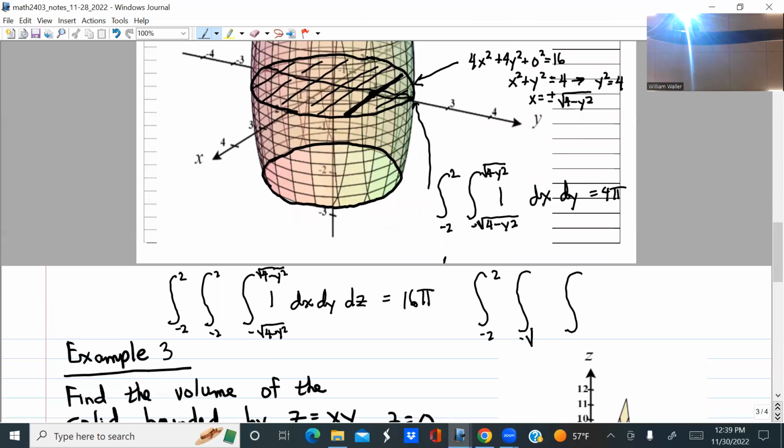Negative square root of 16 minus z squared over 4 up to positive square root of that. And then for x, that was what? Minus the square root of, what was that big mess? 16 minus 4y squared minus z squared over 4. And then just up to the conjugate of that.